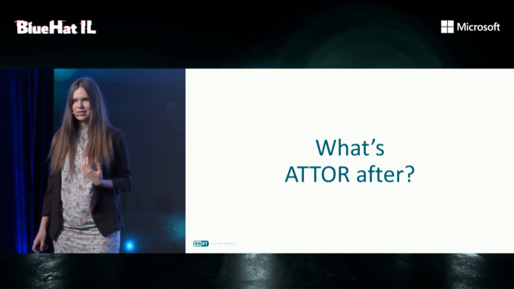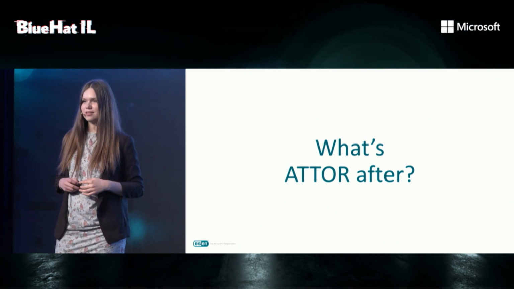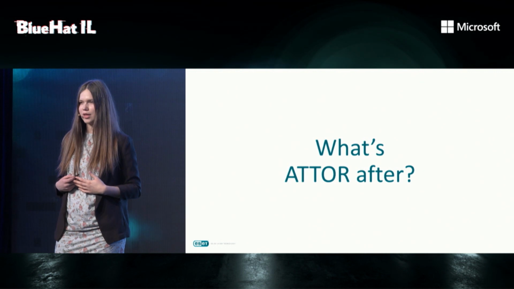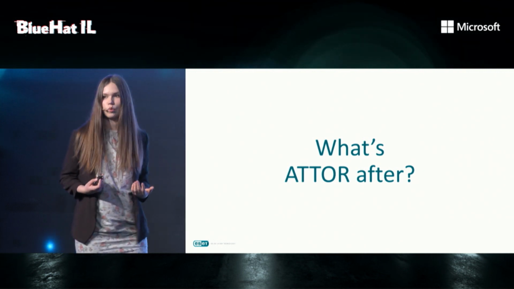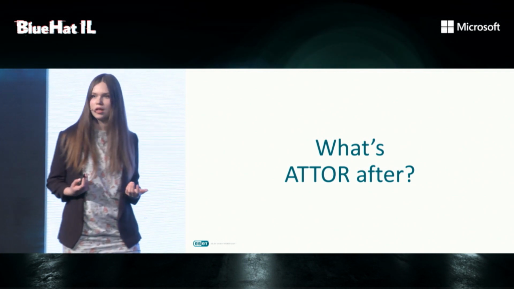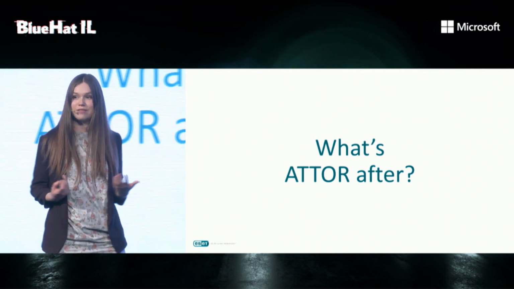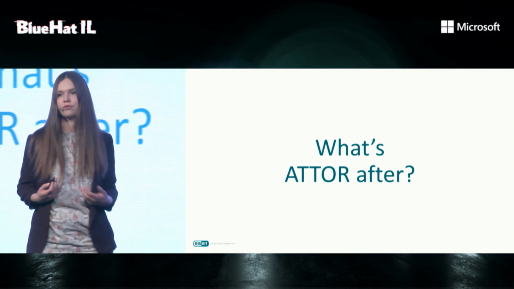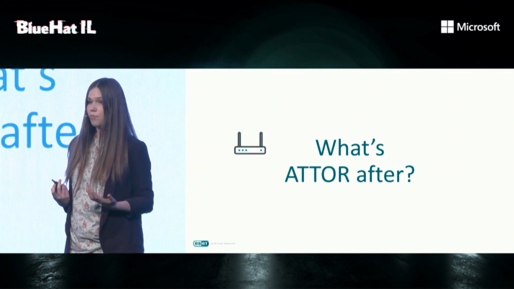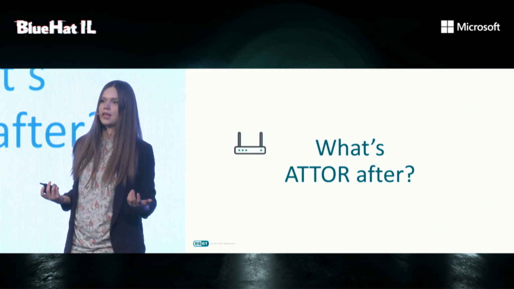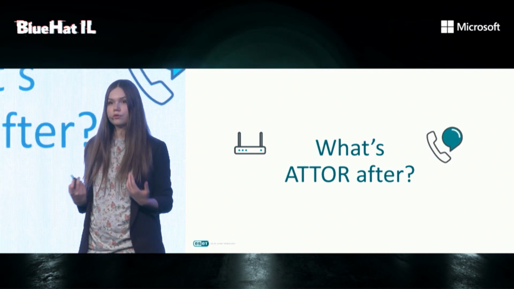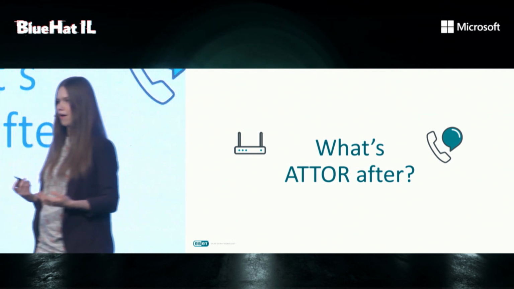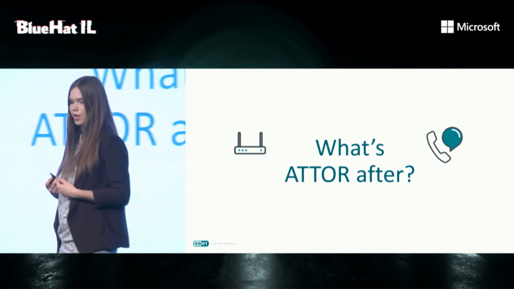And you may have noticed that I have used the term device a lot, but I never specified what kind of device ATTOR is after. So that was actually the question that we were asking as well. So what devices is ATTOR trying to fingerprint? Is it the modems? Because originally the AT commands were developed for modems. Or is it some older phones which also have SIM cards and support AT commands?